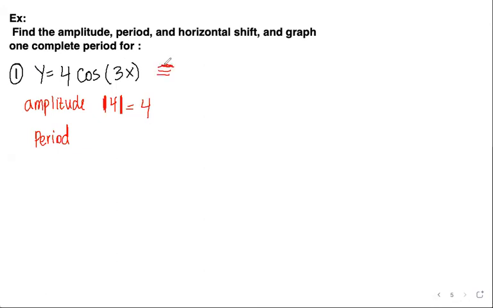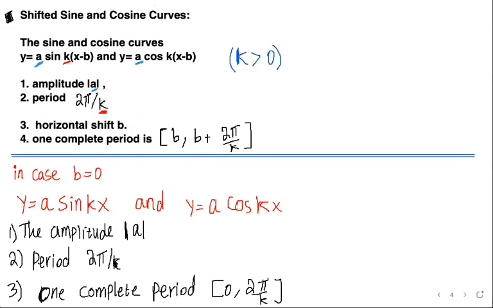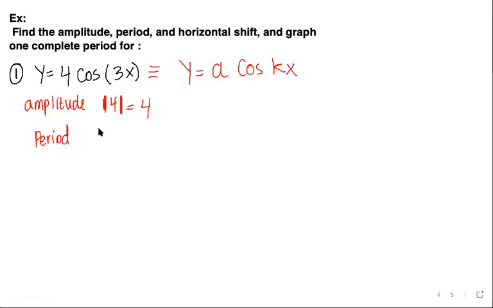First of all, you have to write this in the form y equals a cosine kx. So the period is 2 pi over k. What is k here in the equation? It's 3. So 2 pi over 3. This is the period.